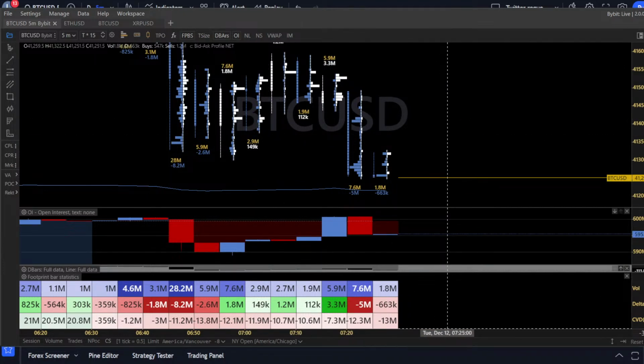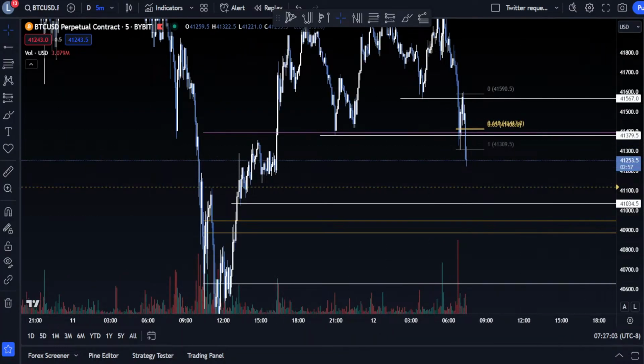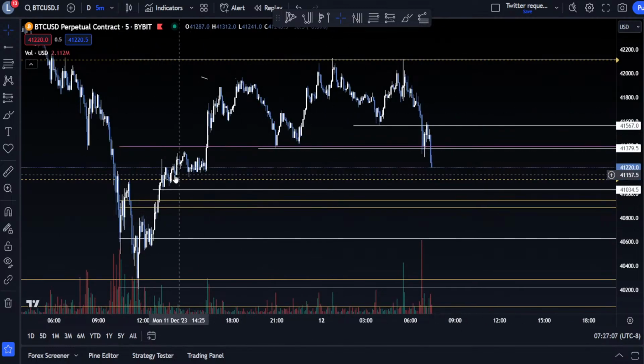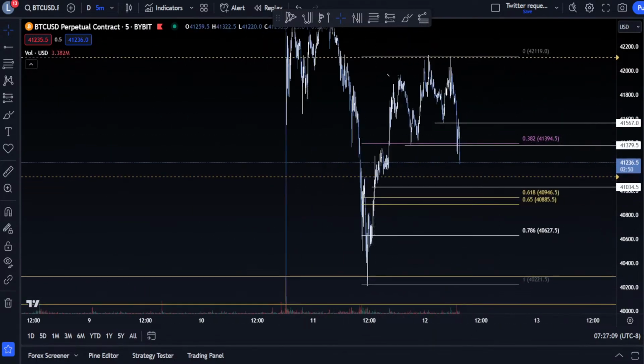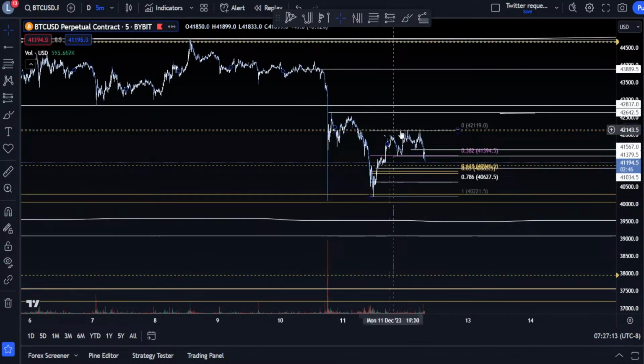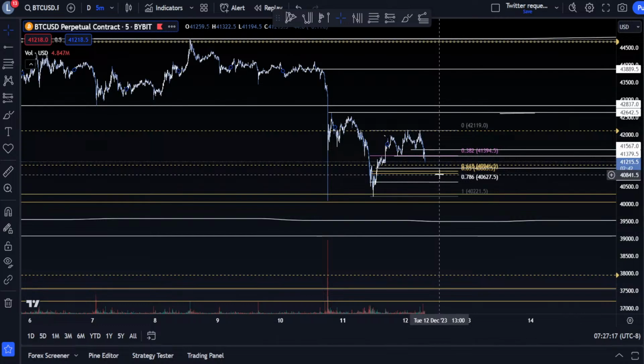Now this level's flipped to resistance for now. Looking at these lows, but hey, I still have my swing short running, and it's very possible that we just have a big bearish rejection here.